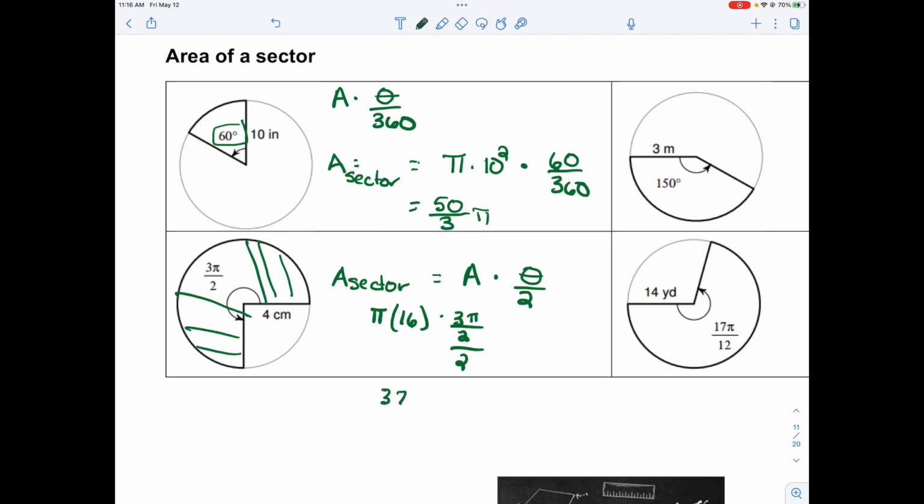I got 37.699 pi, and now I have to multiply that by pi again.